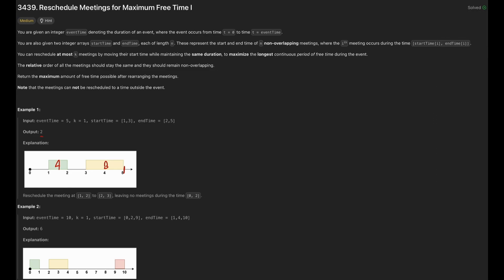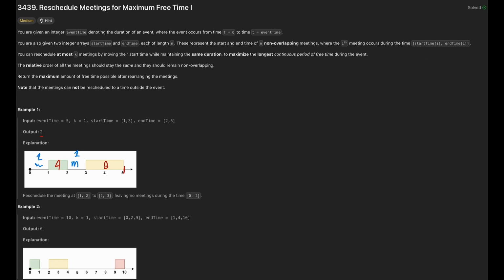So that means they were able to find the longest period is going to be equal to 2. And if we look at the gaps or the breaks that we currently have, there's 2. There's one between 0 and 1 of length 1, and then there's one between 2 and 3, also of length 1. So there's a couple ways that you could solve this.